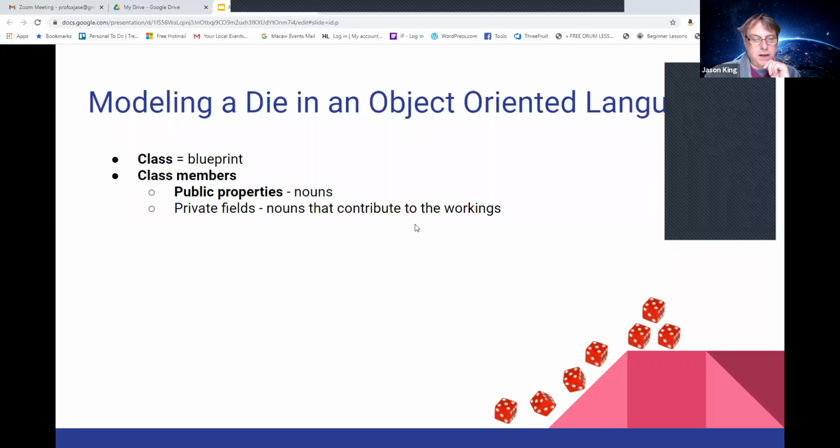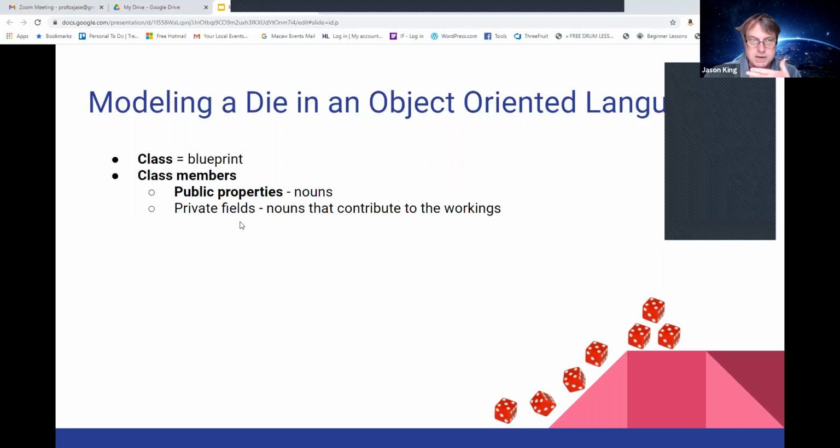Now, with a die, we already know that there are no internal workings. But with a car, the public properties would be, for example, the fact that it's got 4 doors. But the private fields are things that you don't interact with, like the engine or the brake cable.